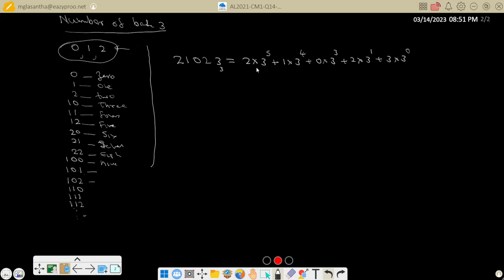So what is the right hand side value? Actually, base 10 value. Base 10 value means ordinary value, value in the ordinary number system or actual value, right? So 2 into what is 3 to the power of 5? 243, no? This is 81 plus 0 plus 6 plus 3. 90.